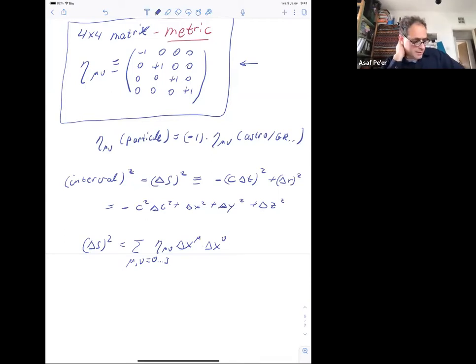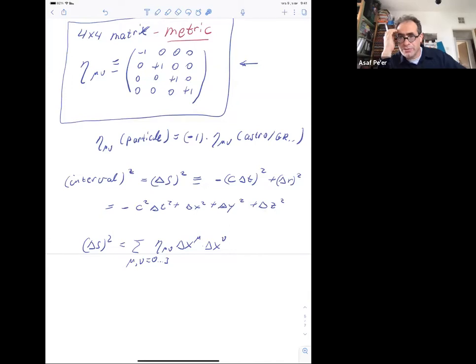Okay. So directly related to your question, we have here summation over indices, right? And we have here one upper index and one lower index, which we are summing over.